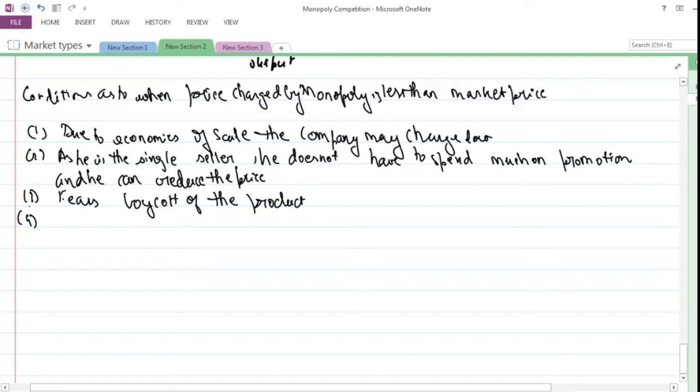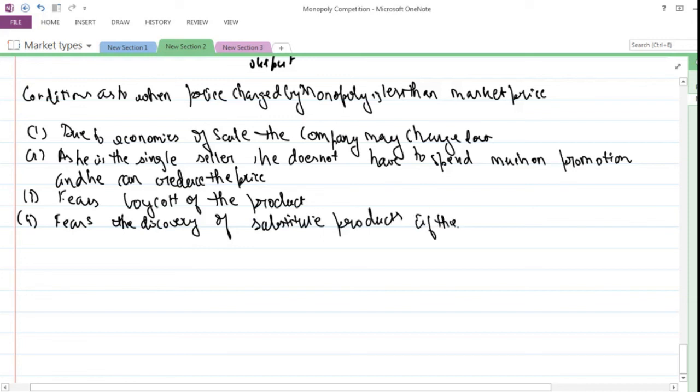Then the next reason is he fears the discovery of substitute products if the prices are kept high.